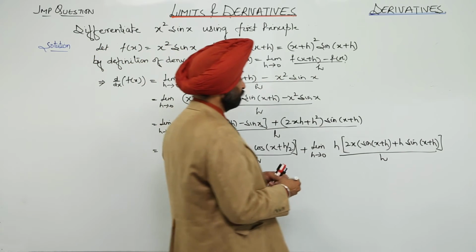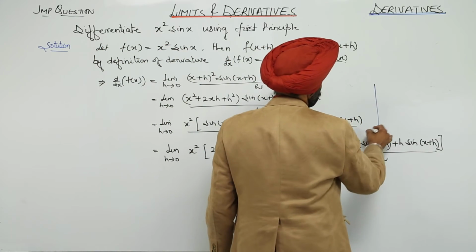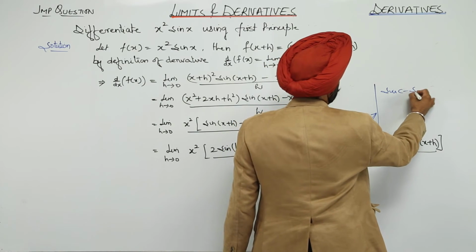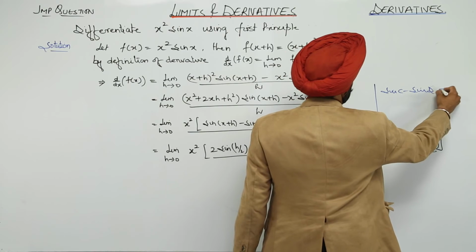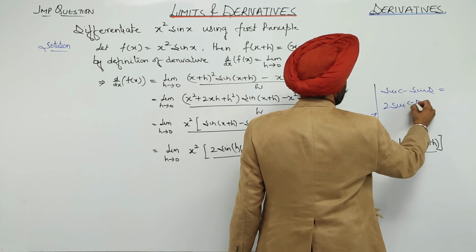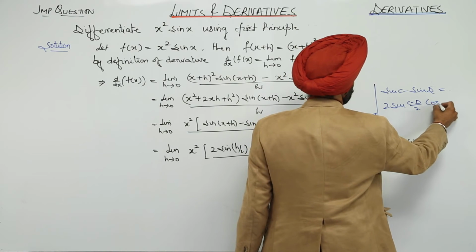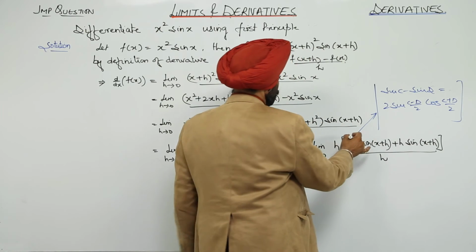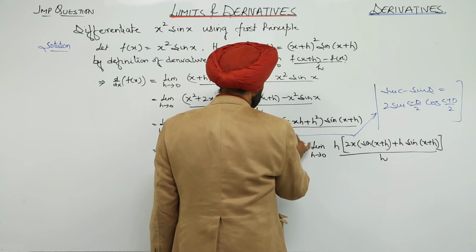We have used C and D formula. Sin C minus sin D is equal to 2 sin C minus D upon 2 cos C plus D upon 2. So this formula basically we have used for this part.